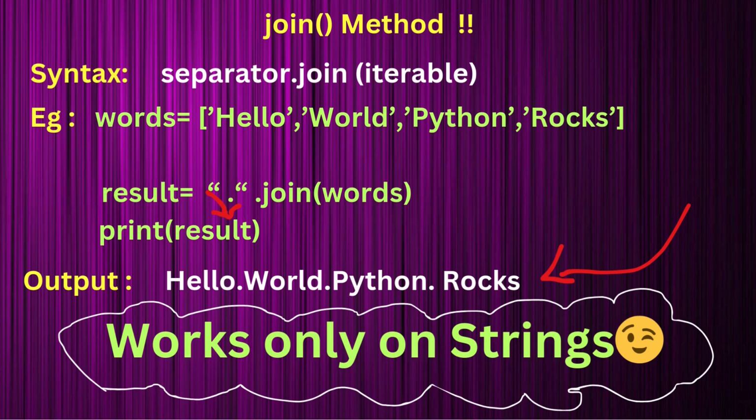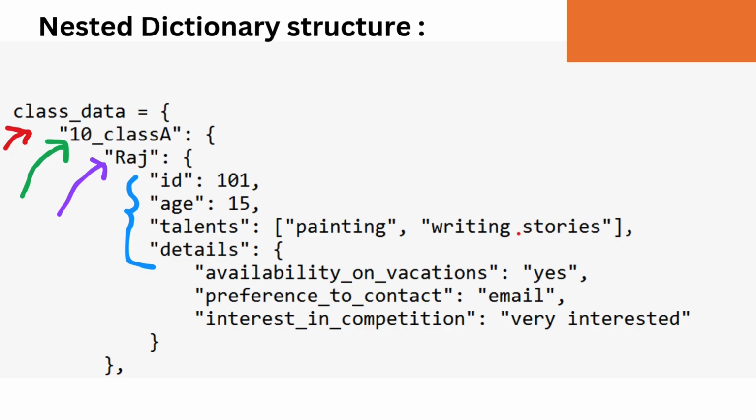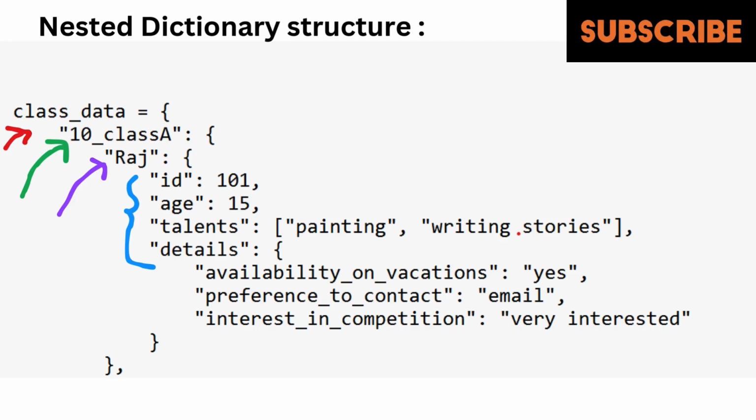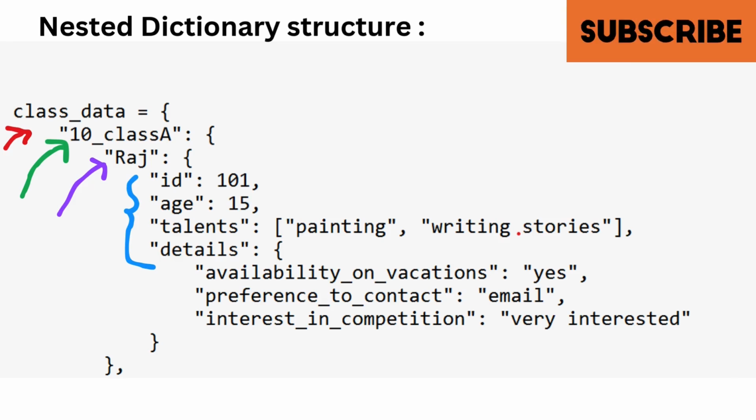Friends, I'll explain the structure of this nested dictionary once, so it will be very easy for you to work on it. Class data is the main dictionary and it has several levels inside. Inside that, 10 class A is a key, and inside this class we have student names like Raj, Ragesh, etc. as keys.